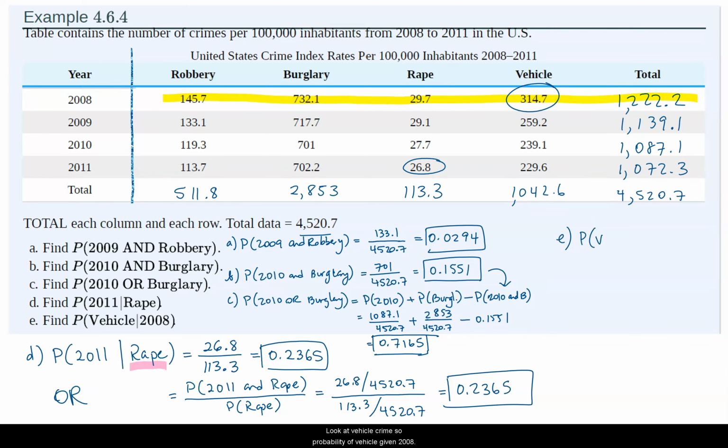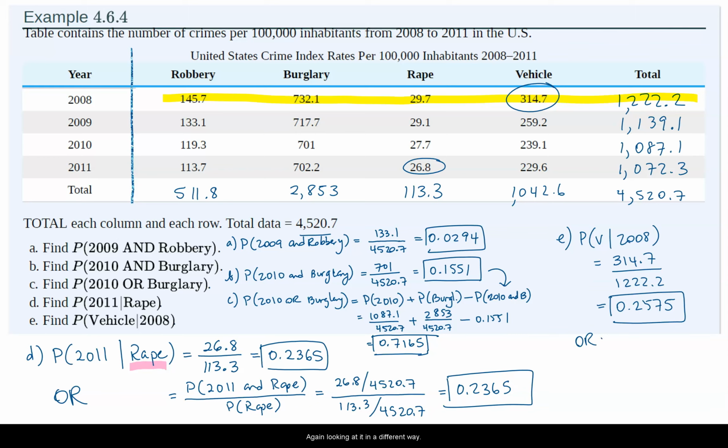So probability of vehicle given 2008. We could calculate this with the vehicle crimes only in 2008, 314.7, divided by the total in 2008, 1,222.2. And that probability would be 0.25748, which would round up to 0.2575.